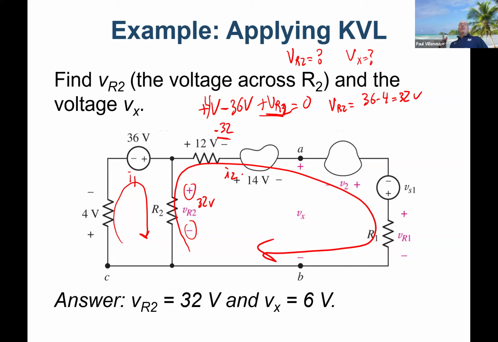So you can have positives or negatives as long as we go back to our convention, which is in the direction of current flow, is it positive or negative? All right, so plus or minus 12. Plus or minus 14. Plus or minus V2.